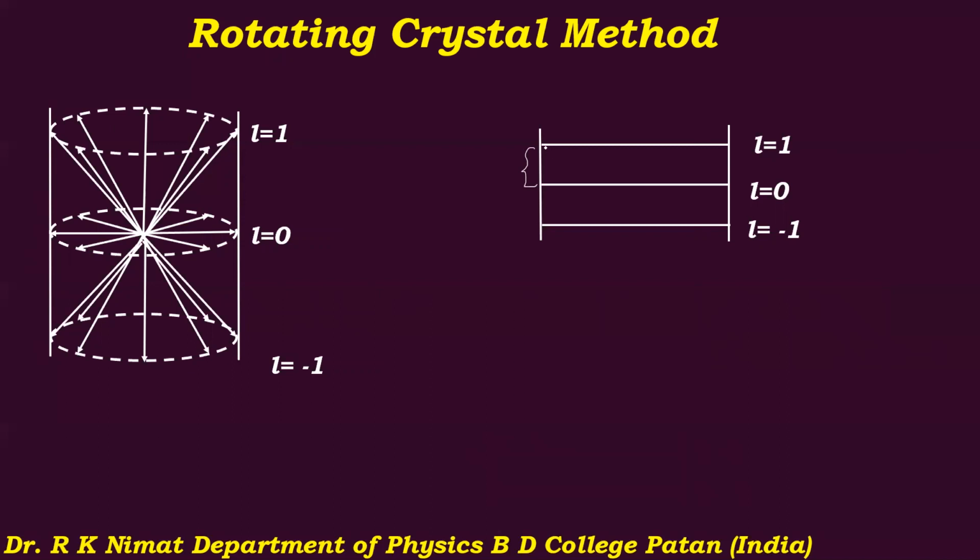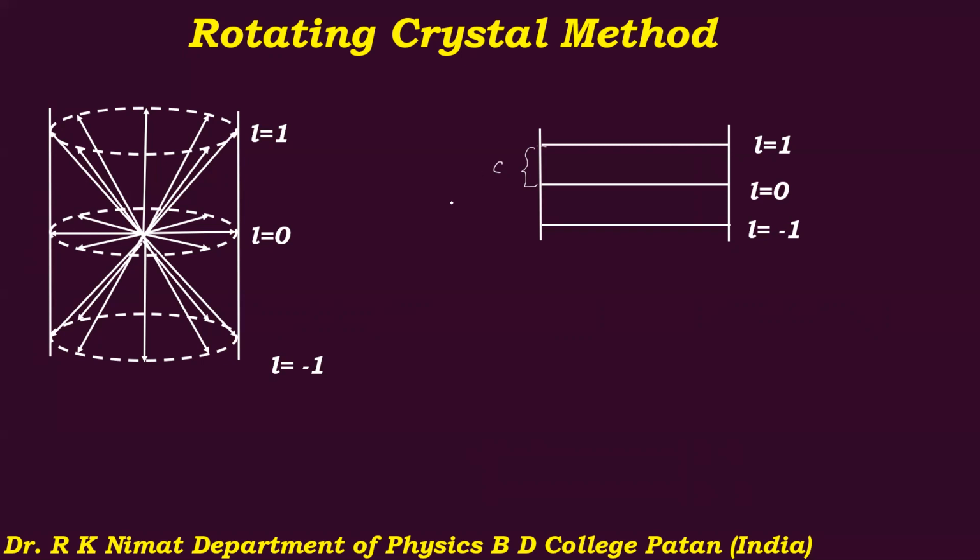If you look at these two, this is the layer line observed when the plane is parallel to the c-axis, and this is the layer line for the plane having Miller index L equal to 1. These two will give you the interplanar spacing, or the value of C also if the crystal belongs to the cubic crystal system. So the distance C can be measured on the photographic film.